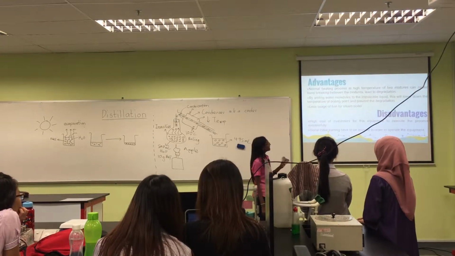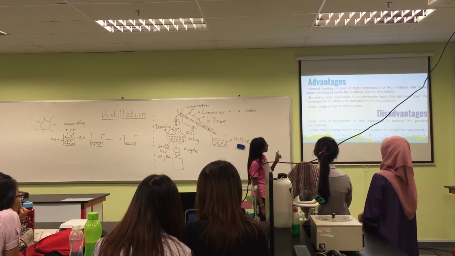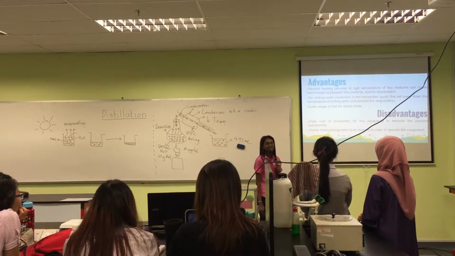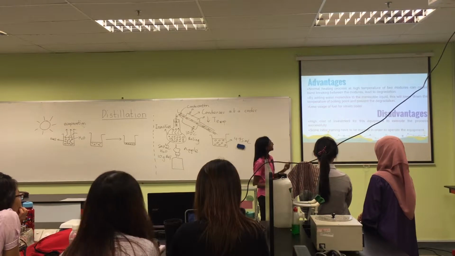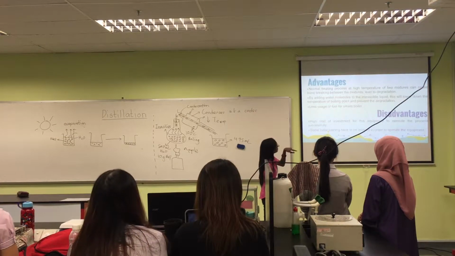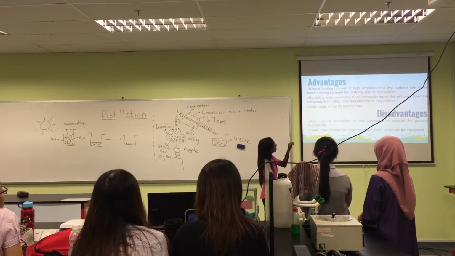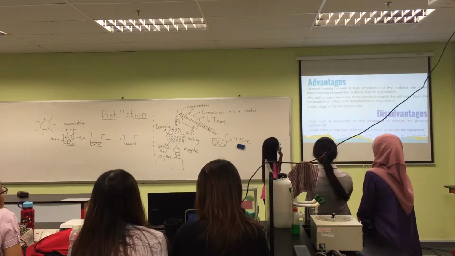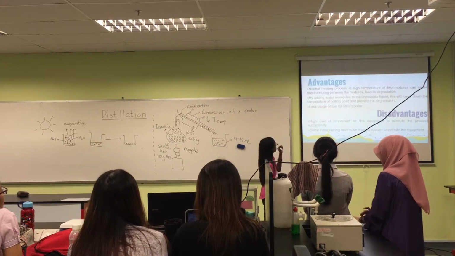Heat sensitive materials can be easily degraded at high boiling temperature, so the suitable method for them is steam distillation. By adding water to the immiscible liquid, we lower the boiling point, and thus it can prevent the degradation process. It also consumes less fuel for the steam boiler.